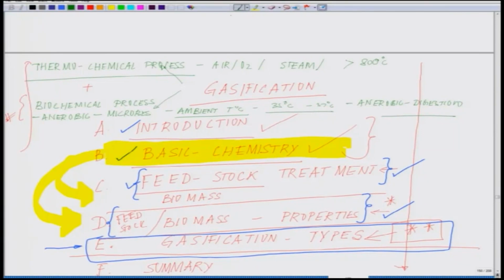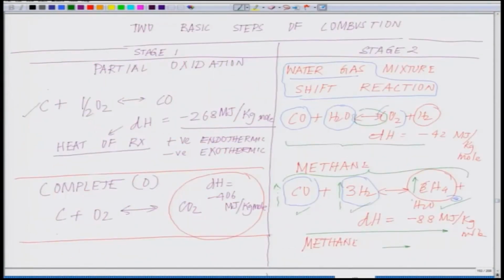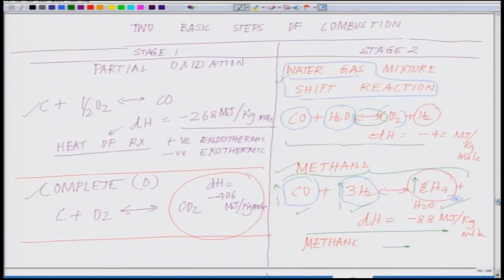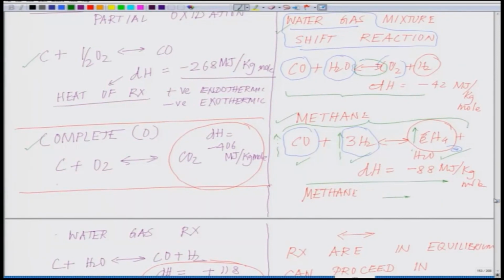So my take home message is those 4 reactions we talked about in the very beginning, which are most important for you to look at: partial oxidation, stage 2 oxidation. These are very, very critical, and this unique step where we talk about the water gas shift reaction.